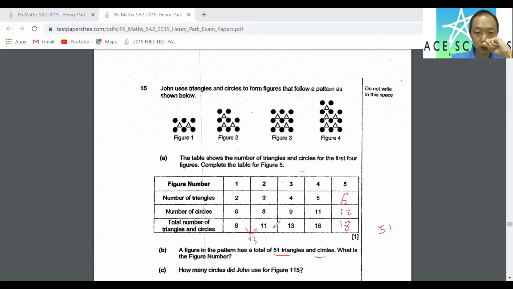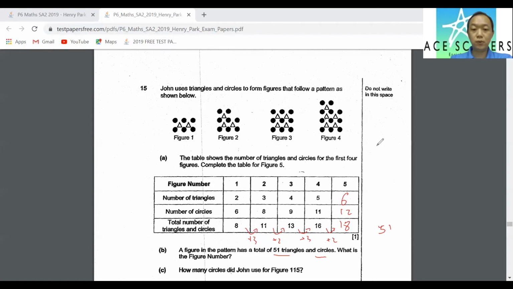Yeah, plus 3 plus 2 plus 3 plus 2. Right, so the pattern is plus 3 plus 2 plus 3 plus 2. So groups of 5. Every 2 pattern, that means from 1 to 3, you have to add 5.